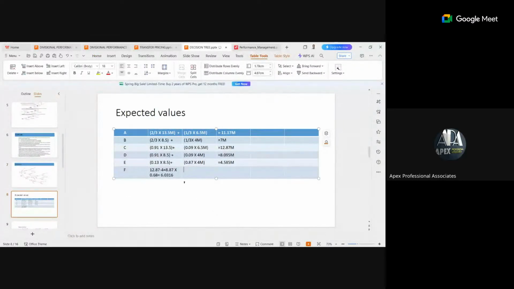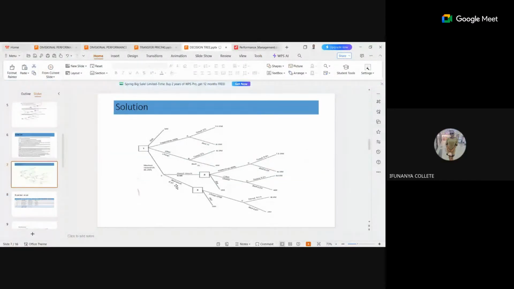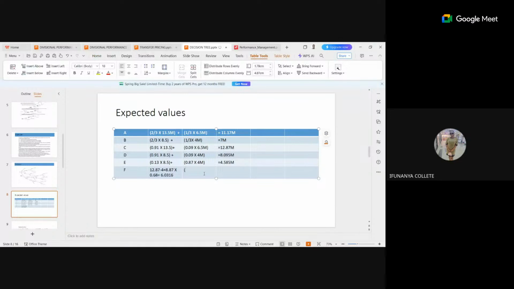So that is why we'll be using 5 million. 5 million multiplied by the associated probability, 0.32. 0.32 multiplied by 5 is 1.6.